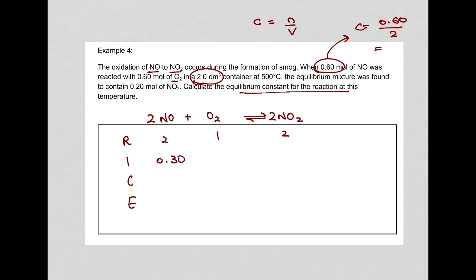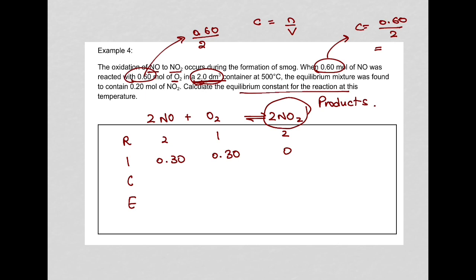For oxygen, this is also at a volume. So here 0.6 again divided by the volume, that's going to give me 0.3. This is the products. So initially concentration of products is 0.